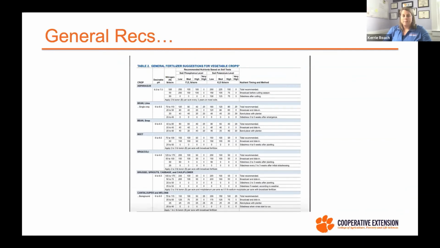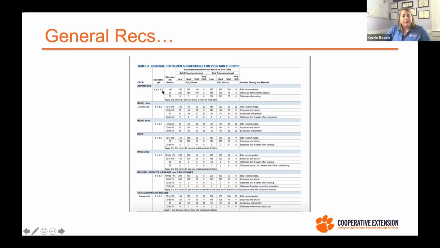So in the handbook, there are general recommendations. If you haven't done your soil sample or you want to compare it to commercial recommendations, there are some general fertilizer recommendations for vegetable crops, each of them, in the Vegetable Crop Handbook. And so you can see them here. They're pretty small, but starting at the top, you'll have asparagus with a desirable pH of 6.5 to 7.